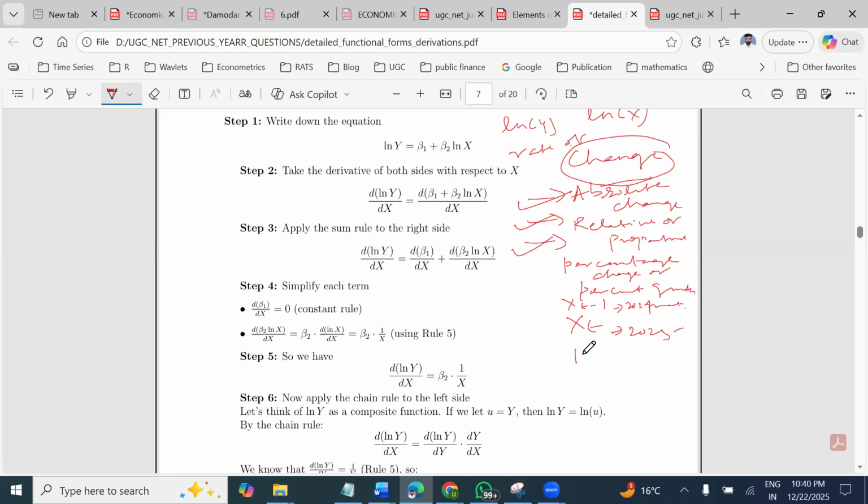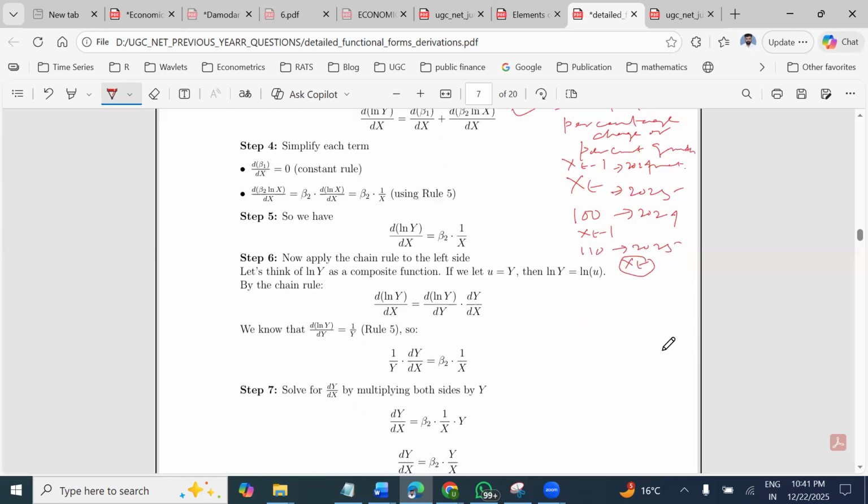If our GDP was 100 in 2024, then this is our xt minus 1. And if it is 110 in 2025, this is xt. Is it clear? Already I told you what xt and xt minus 1 are. Then how will we define relative change?